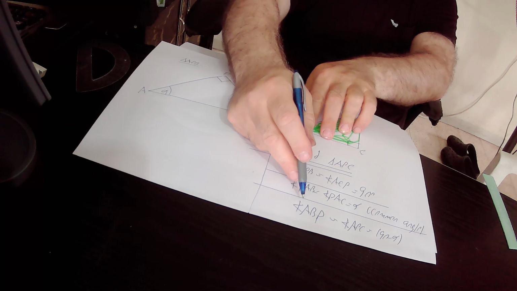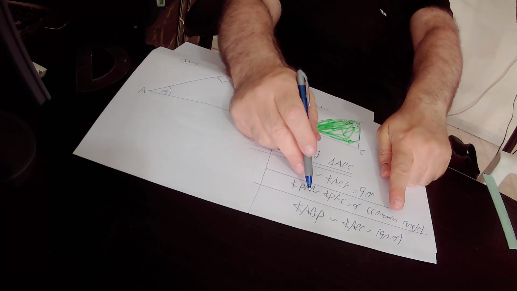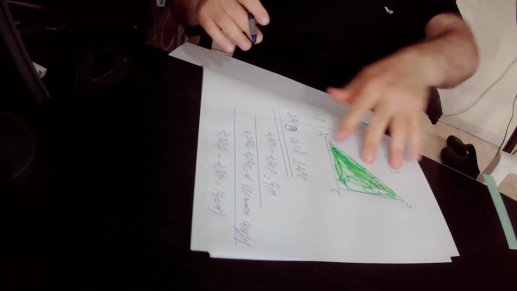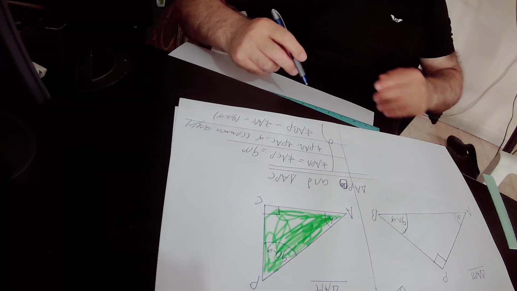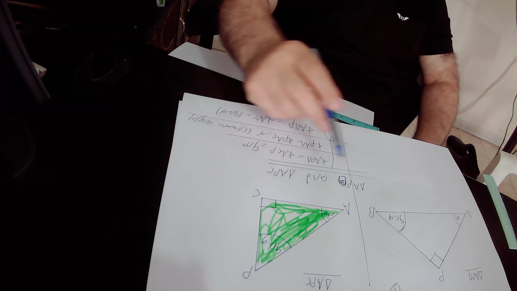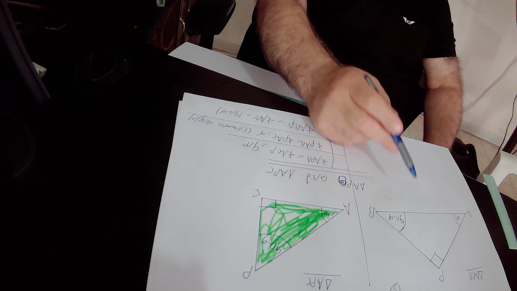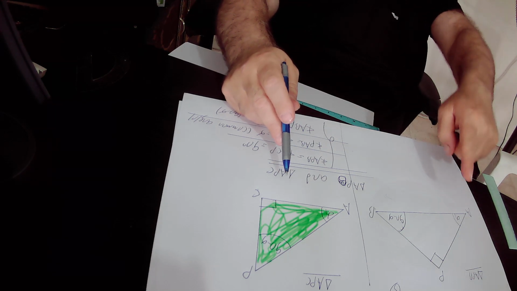Angle ABP in the white triangle equals angle APC in the green triangle. They are both equal to 90 degrees minus alpha, therefore they are equal to each other. So we actually proved that all the three angles in this green right triangle APC are correspondingly equal to all the three angles in this right triangle APB. Therefore, those two right triangles are similar to each other according to the angle similarity rule.